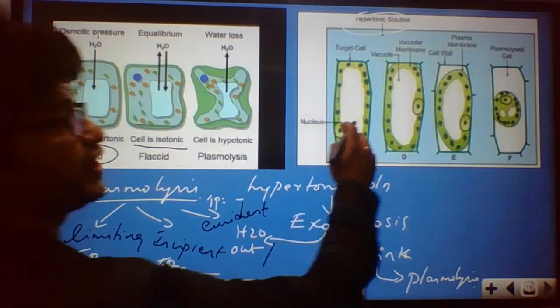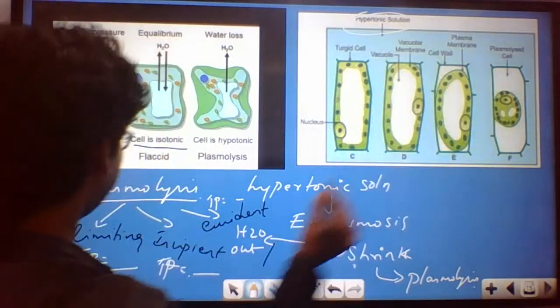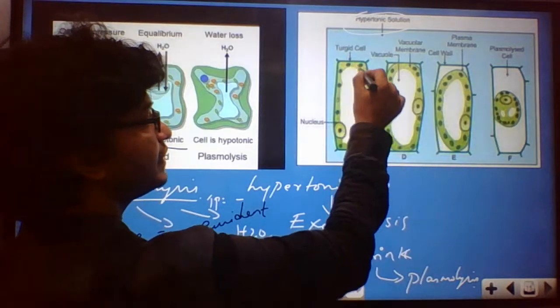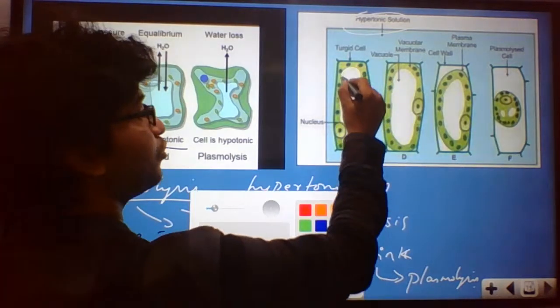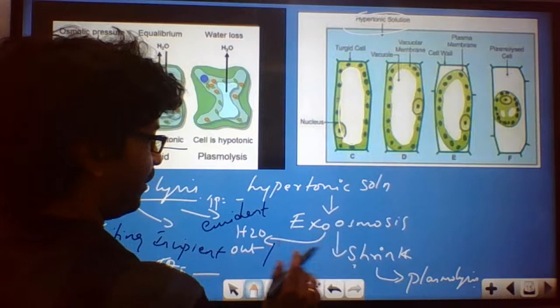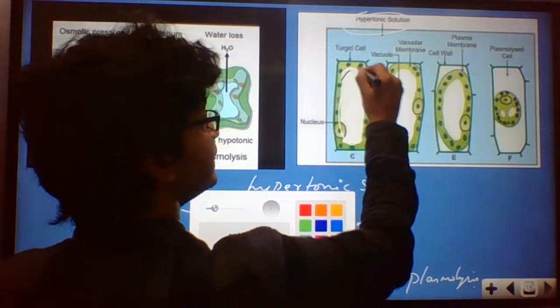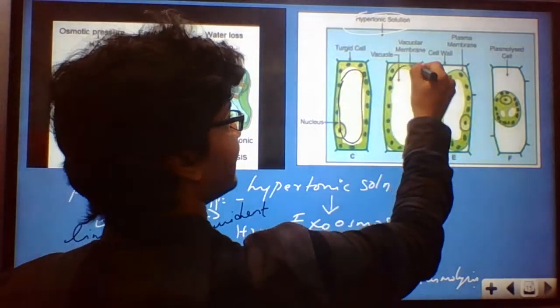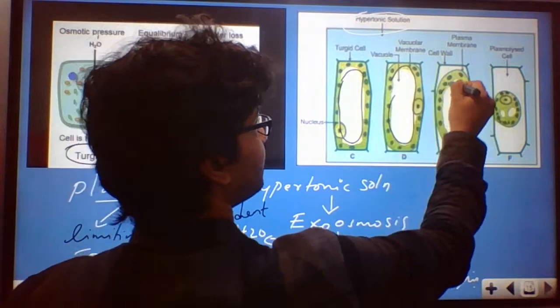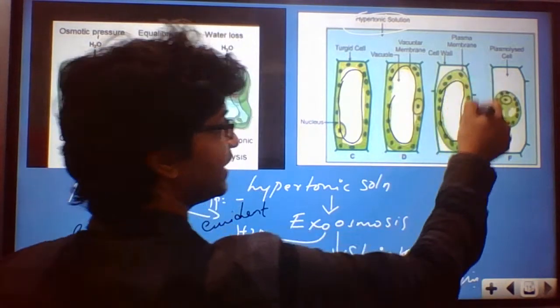Here you can see the change in the protoplasm. In the initial stage, the limiting, you don't see much difference in the protoplasm. Later you can see the difference. Now the cell slightly starts shrinking, and the vacuole size is also getting reduced.